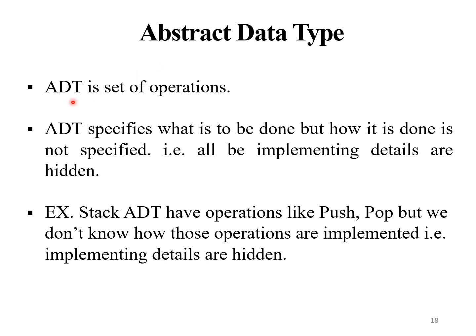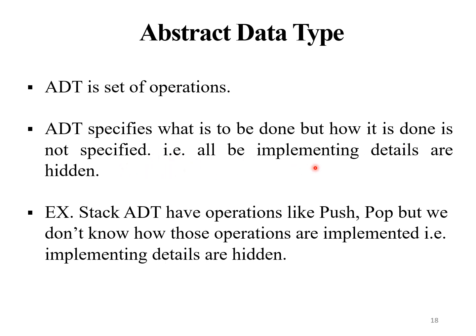So let's see. The first point is ADT is a set of operations. So ADT performs operations like insertion, deletion, sorting, searching in array, stack, queue, linked list. Second point is ADT specifies what is to be done, but how it is done is not specified.